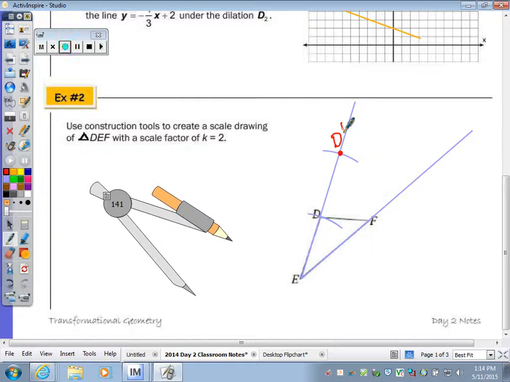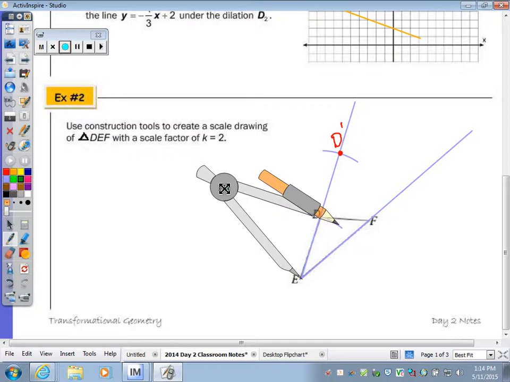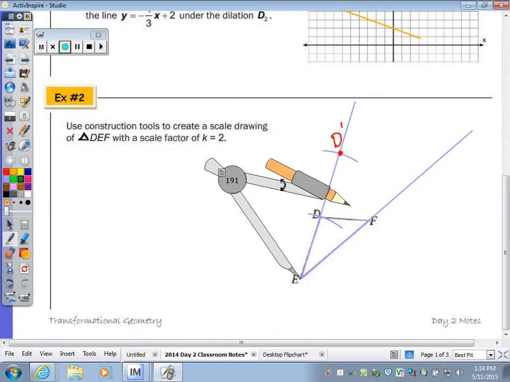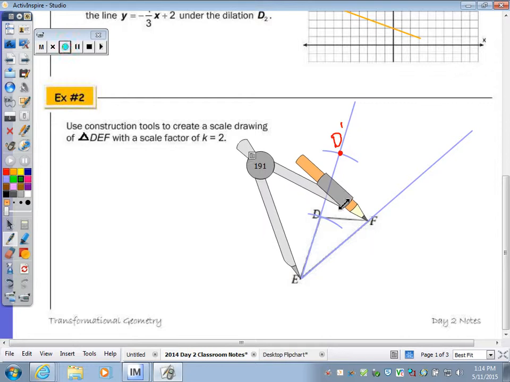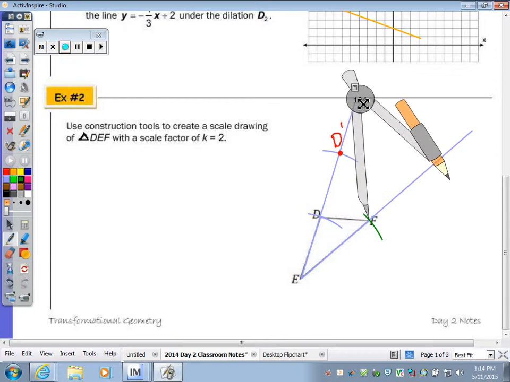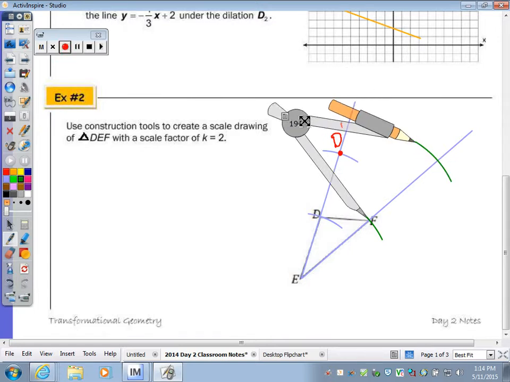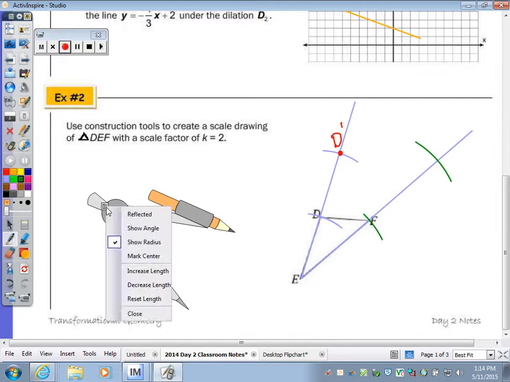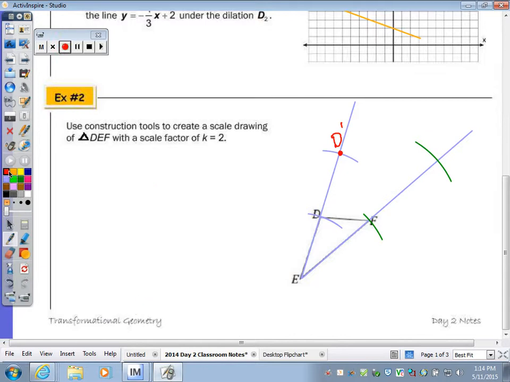I'm going to do the same with side EF. I'm going to measure it, and I'm going to make it twice as long. And this is going to be F prime.